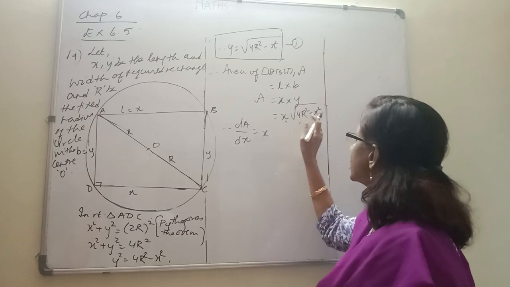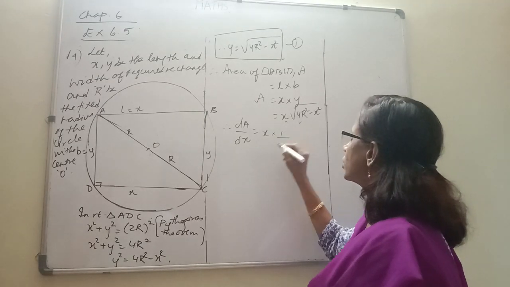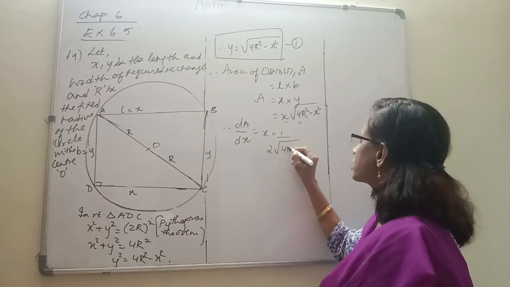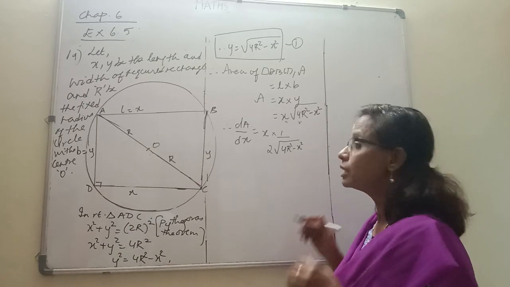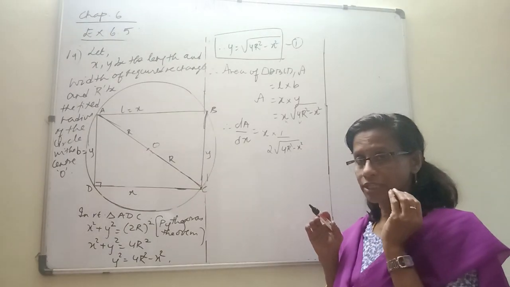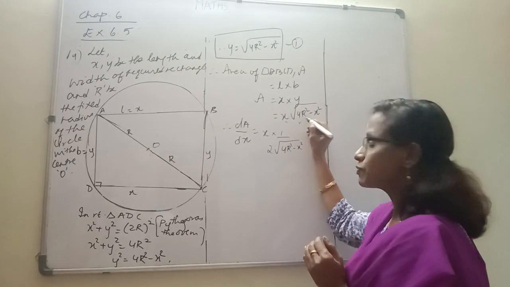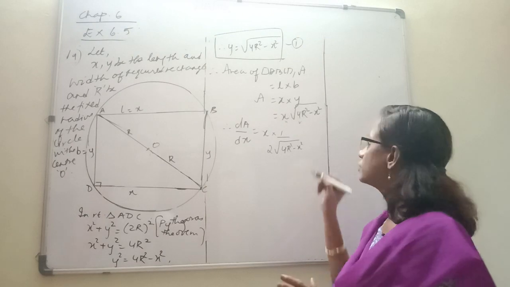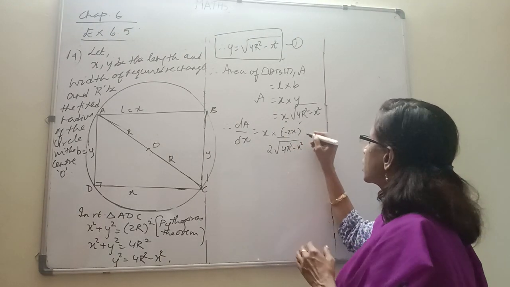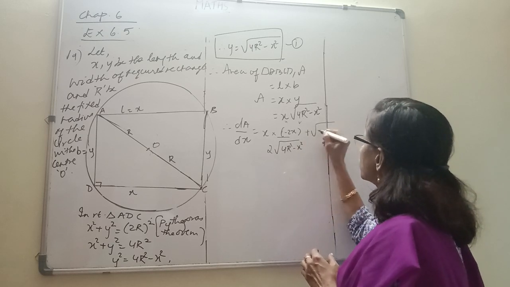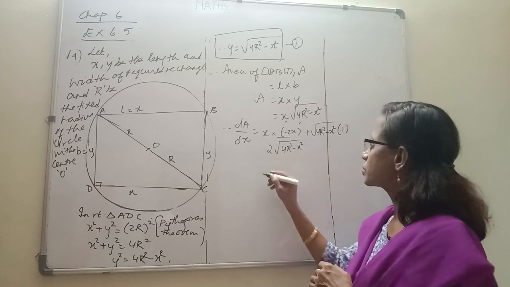So x as it is, times the derivative of the root, which we all know is one over two times the function, with the exponent raised to half. Now the derivative of the base: 4r squared is fixed, so there's no derivative, and minus x squared has the derivative minus 2x. That's the first part. For the second part, keep the root of 4r squared minus x squared as it is and take the derivative of x, which is 1.